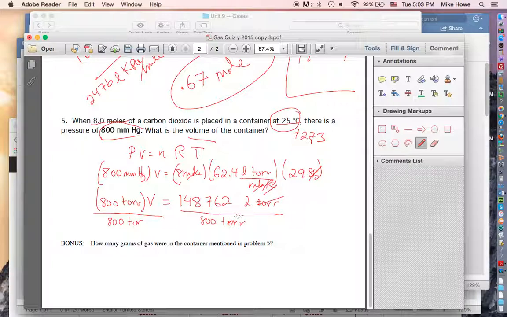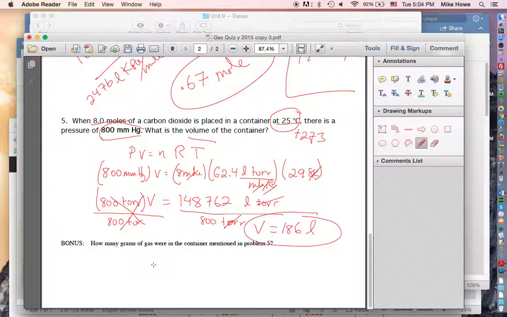Look, torrs cancel. That's convenient. So we're going to be left with liters. Let's figure out how many liters. I get 186, so it's a 186 liter container. And that would be the end of that problem.